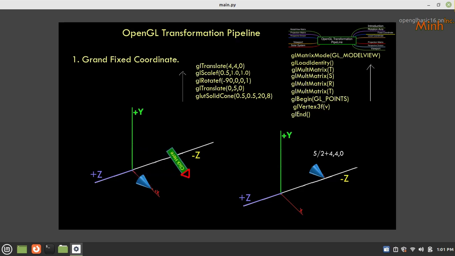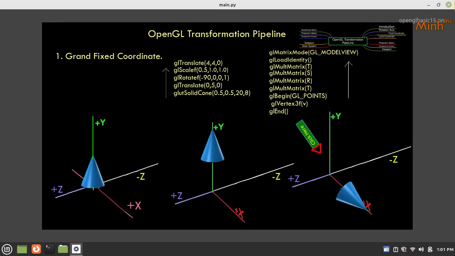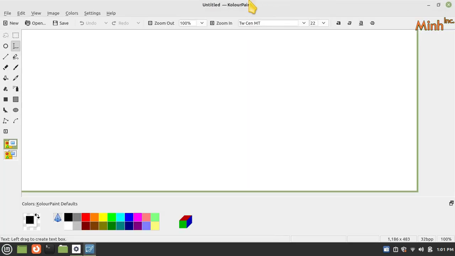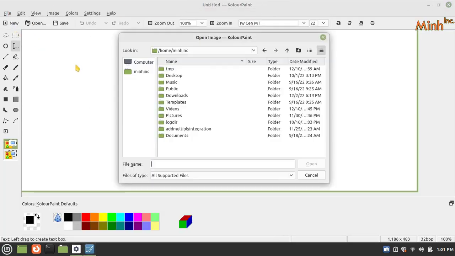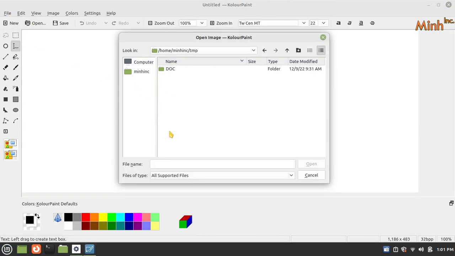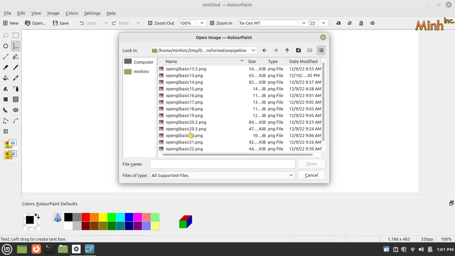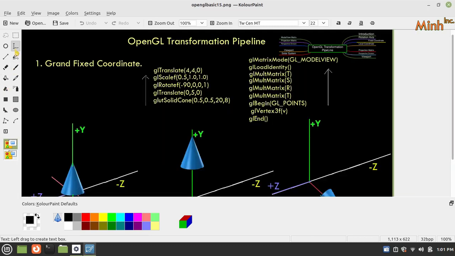Now we are translating again by 4, so it is going up.